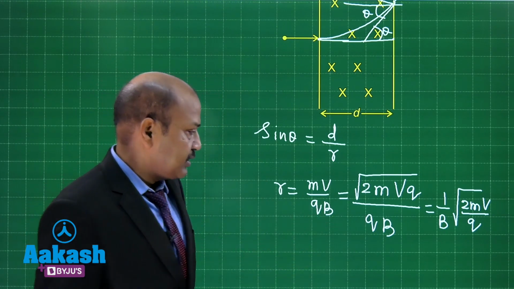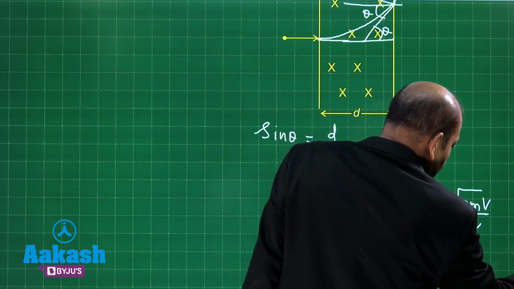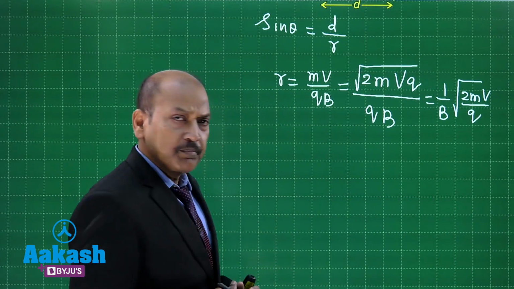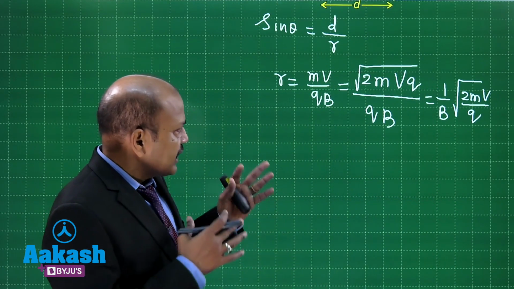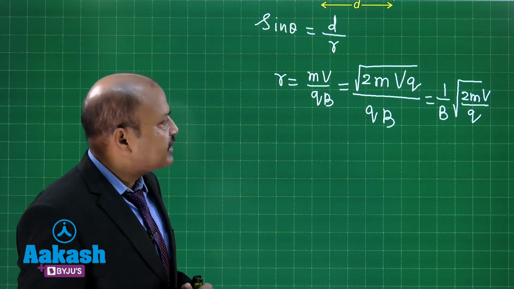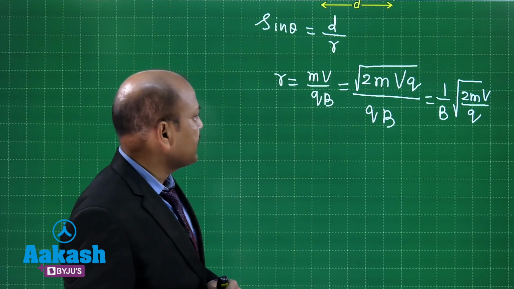This is the expression. So, let us now find the expression for the radius of the proton and also the radius of the circular path of the alpha particle.